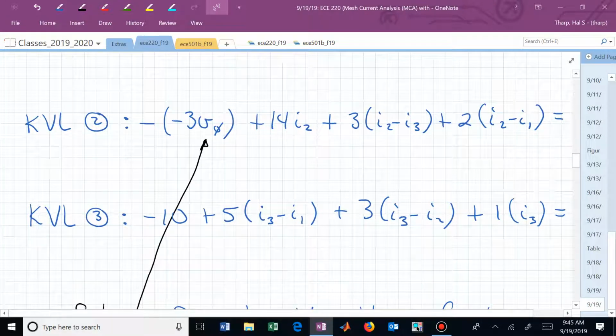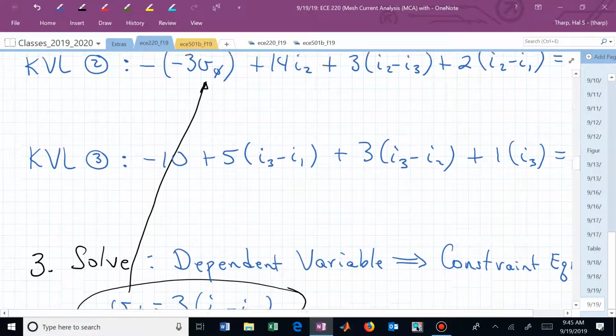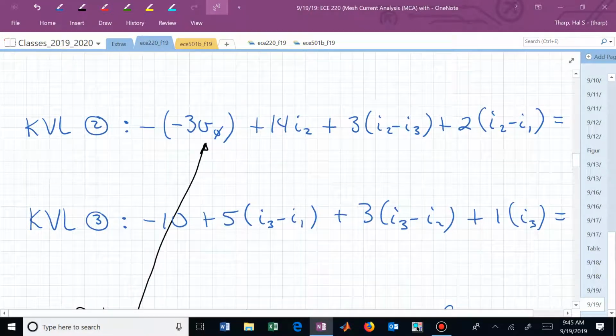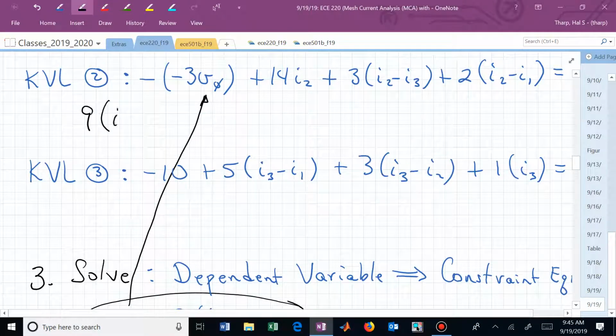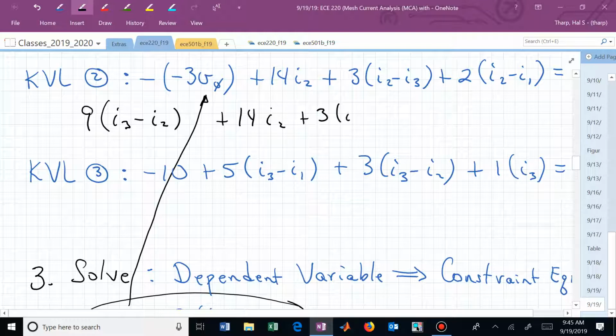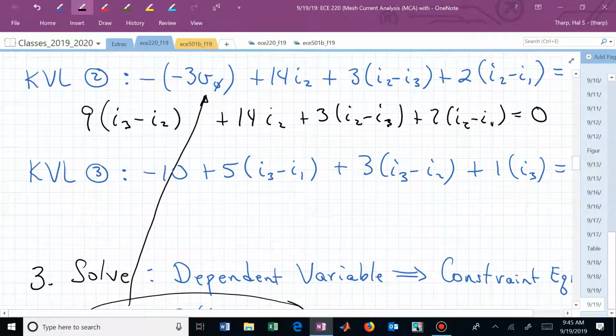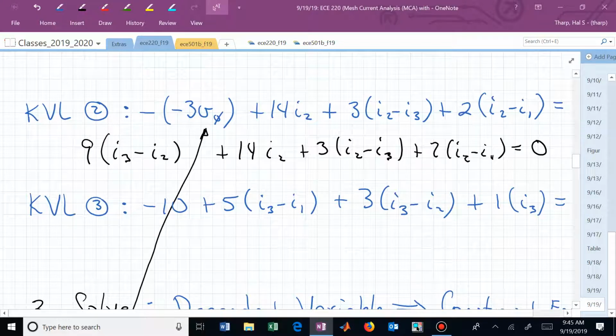We have two minus signs. A minus makes a plus. We have a 3 times another 3, so we actually have 9 times I sub 3 minus I sub 2 plus 14 I sub 2, and that's now equation 2 that we will want to use.